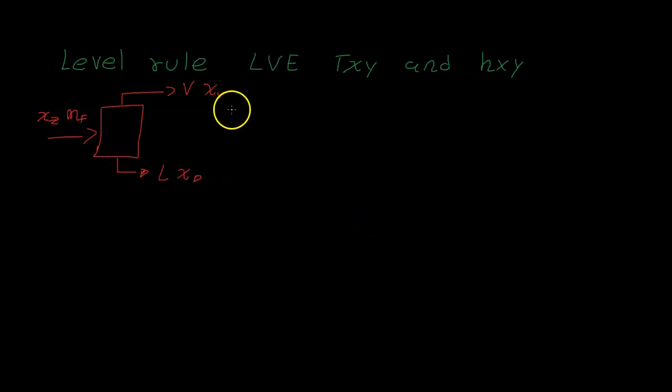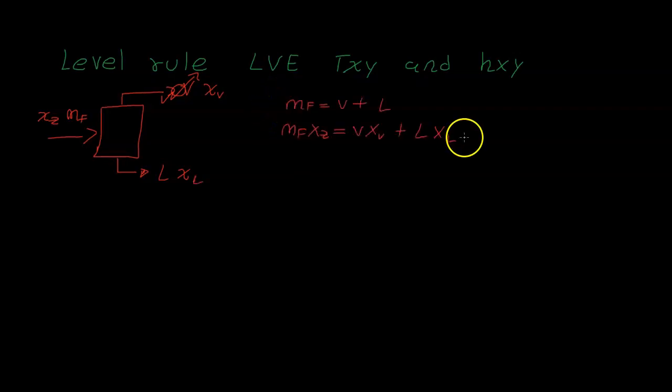I mean, this one we could say this is Y, but okay, let's say we actually condense that. Anyway, it's not important, it's the same concept. So if we set up the mass balance and the component balance, we get this. This is the basic thing.